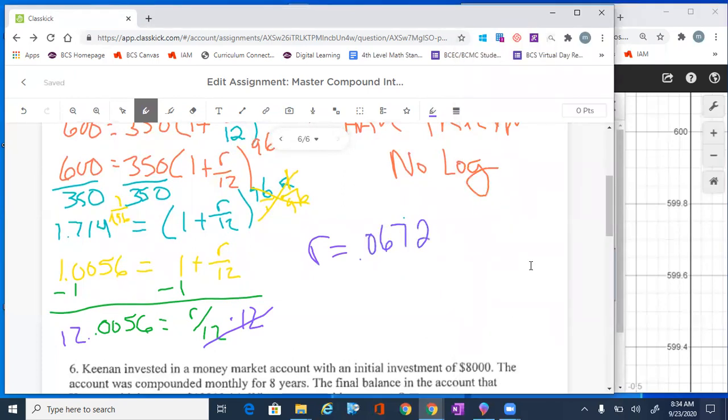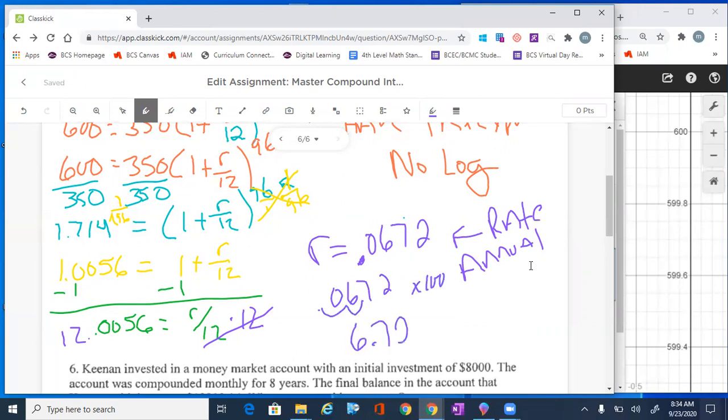Remember, this is a rate, and it's supposed to be our annual rate. We want to change it to a percentage. So for the percent of growth, I'm going to take that 0.0672, multiply it by 100, and it moves that decimal over 2 spots, and we get 6.72% growth. And that is annual growth.